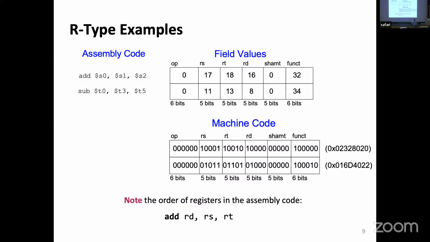And then I have my binary machine code result. So in hex, this 0x stands for the rest of it being in hex: 02328020 means add whatever is in register S1 to whatever is in register S2 and write the result to S0. That was it.